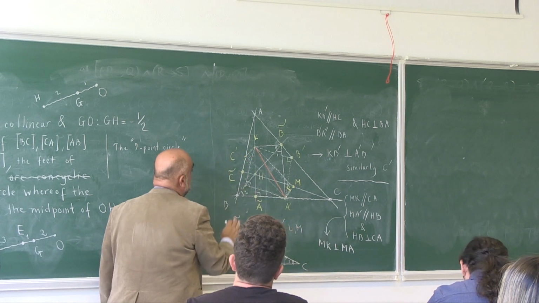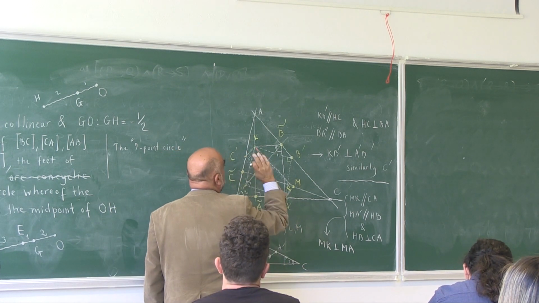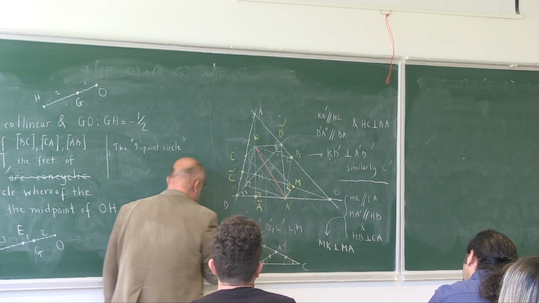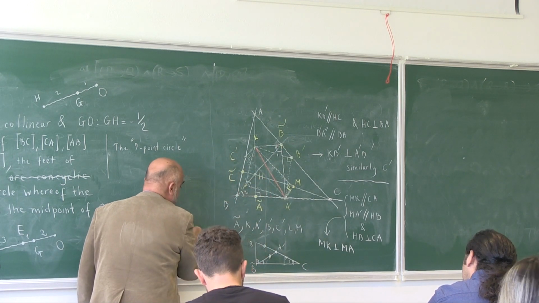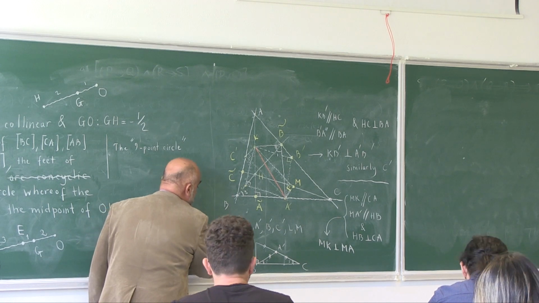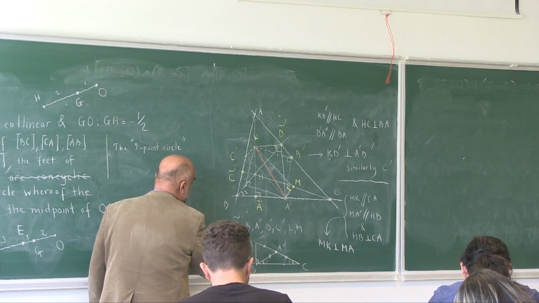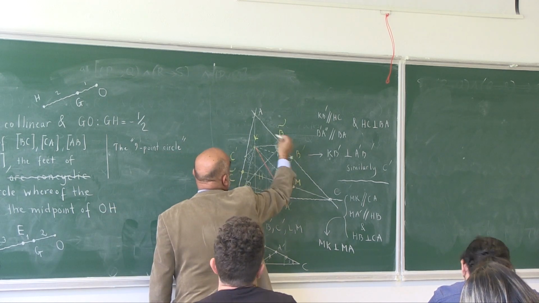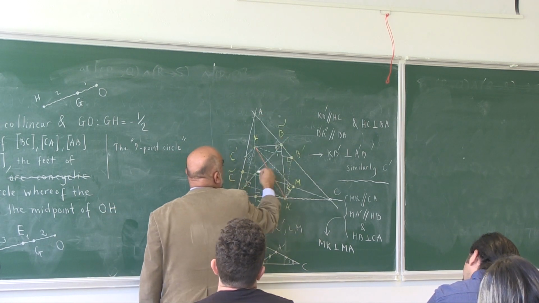Oh yeah, I'm sorry. I want to look at that different triangle. I want to look at the right triangle A, B tilde H. So that's a little different. So the midpoint is not C prime, but it's K. Okay, so I want to look at the right triangle A, B tilde H.